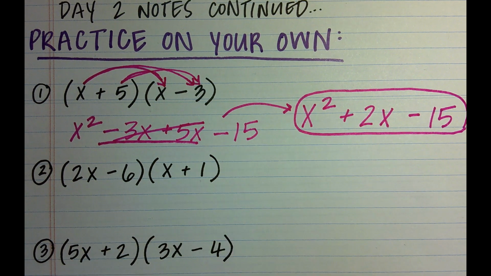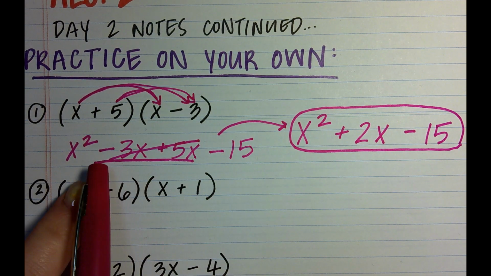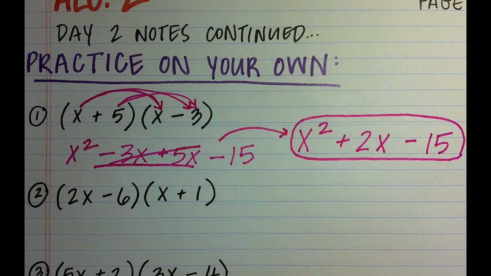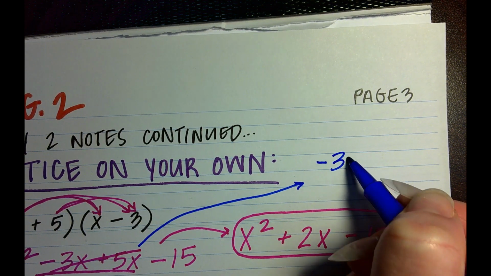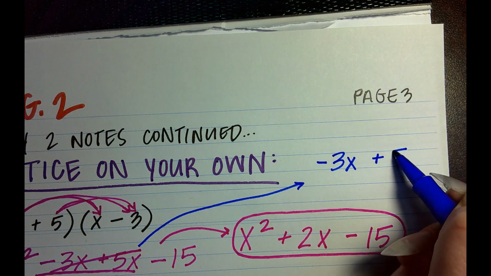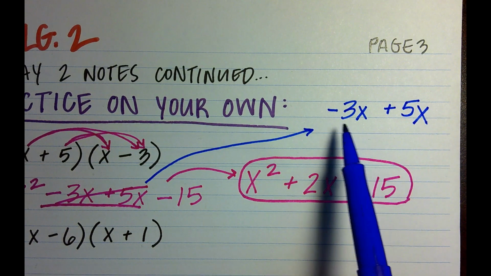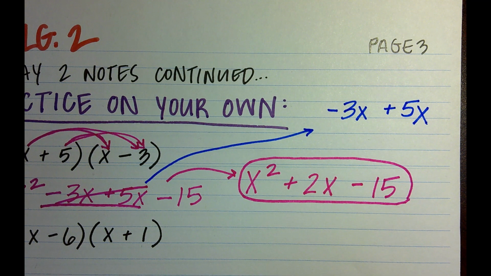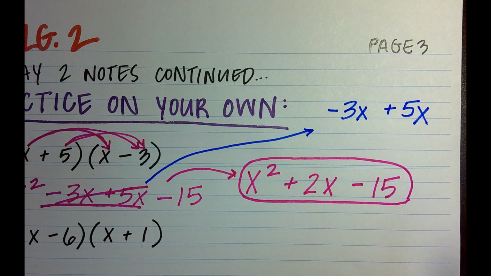Why is it not -2x? That's a great question. So our middle terms are -3x and +5x. So let's write those out. I have -3x plus 5x. So whenever we have a negative number and a positive number, we are going to use the sign of whichever number has the greater value.